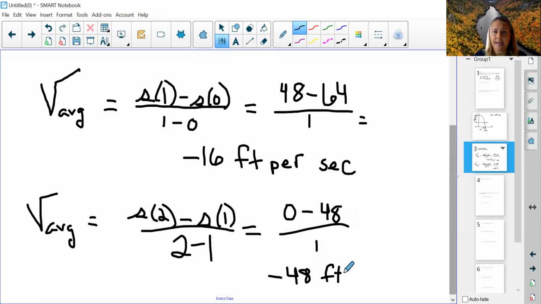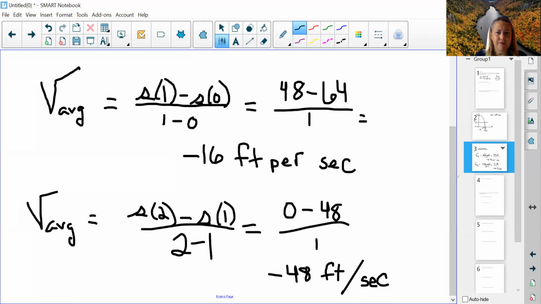Now, let's say I want to know the velocity when I actually hit the ground. How am I supposed to figure that out? And I have this formula here.